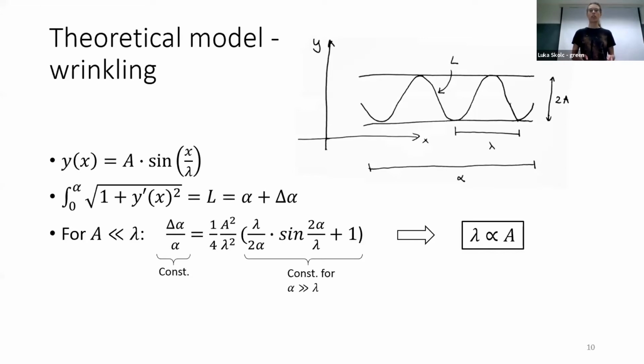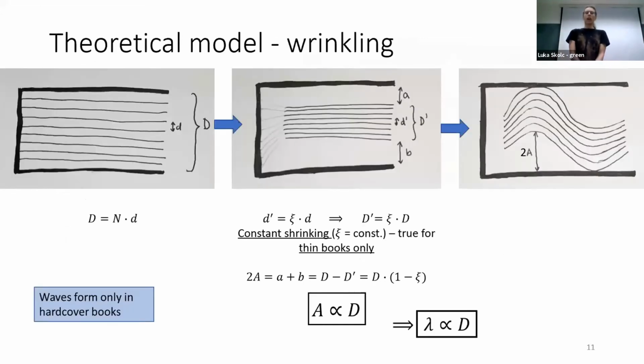So we can see that wavelength is proportional to amplitude. I already mentioned that waves are formed only in hardcover books. So for now, we will assume that those covers of the book are fixed.